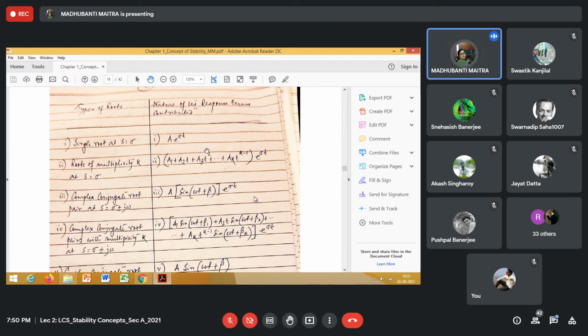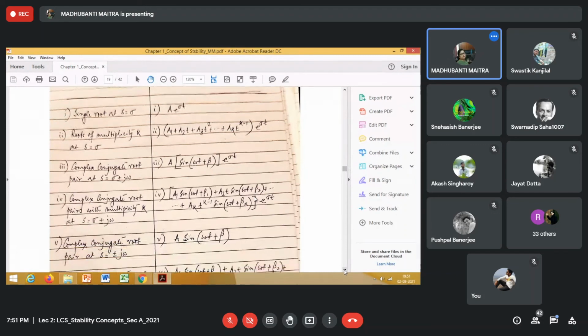If there is a constant A in the numerator, then it should be multiplied by A. And because of this non-zero real part sigma, we will get a term e to the power sigma t. So the response term can be expressed as A into sine of omega t plus beta, whole multiplied by e to the power sigma t.